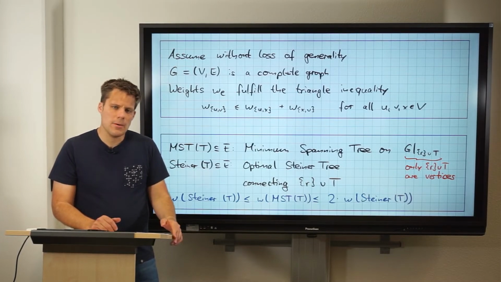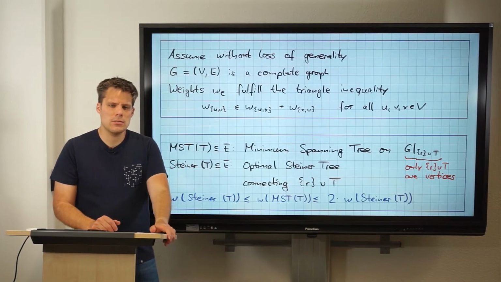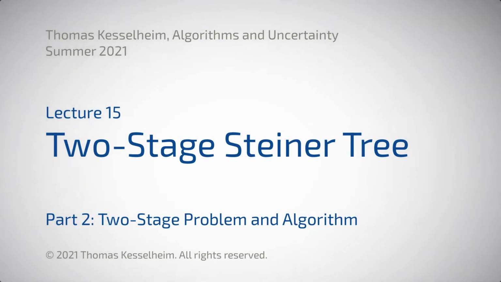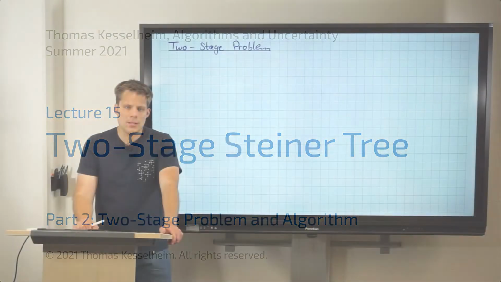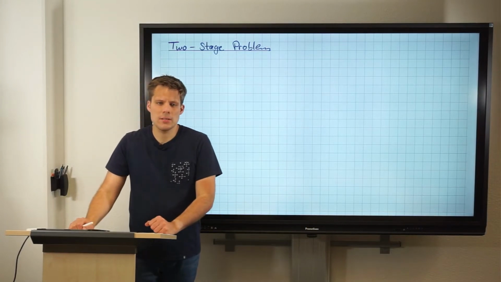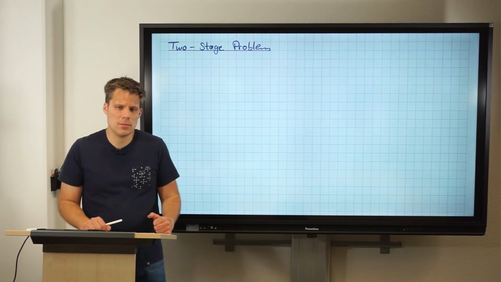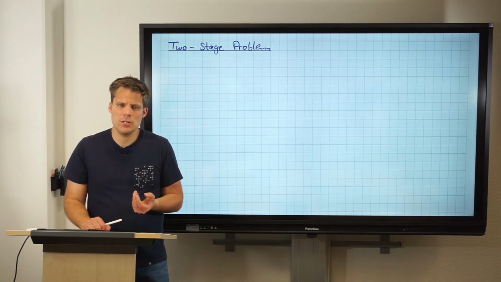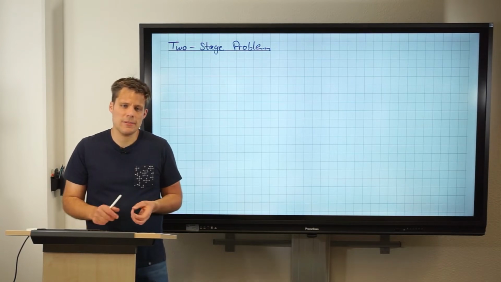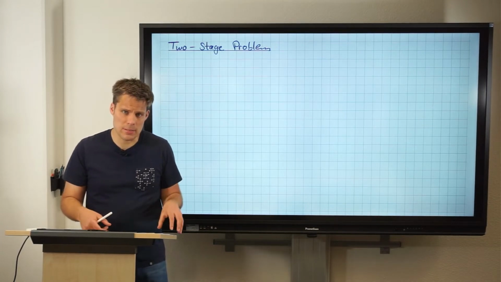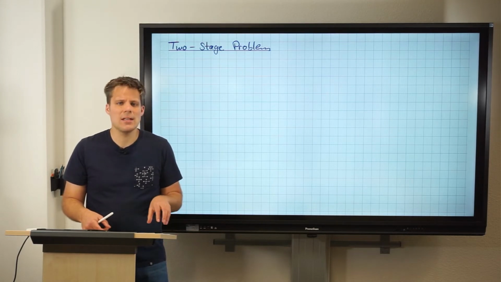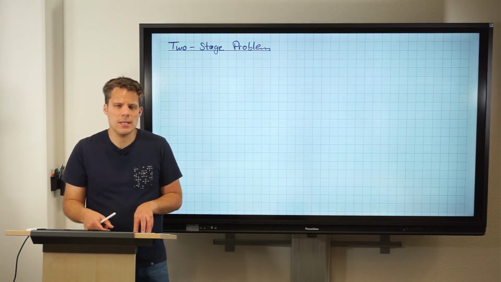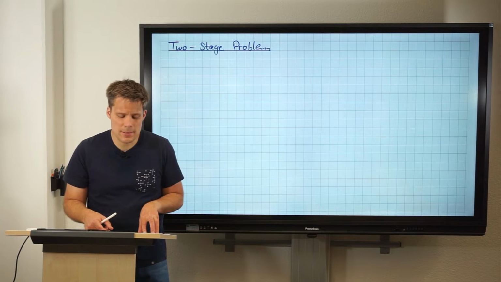Cool. Now what we want to do is turn this into a two-stage problem. We now want to turn the Steiner tree problem into a two-stage optimization problem. And how will this work? Well, in the first stage, we do not know which of the terminals will actually have to connect. We only know a probability distribution. And then in the second stage, we know which terminals will have to connect, but the connection costs are more expensive.